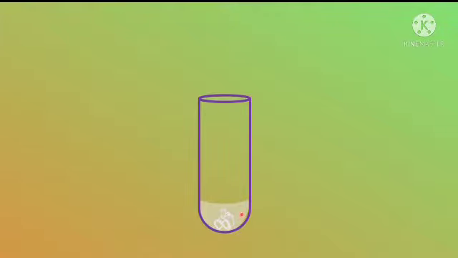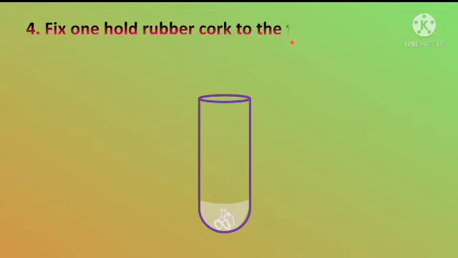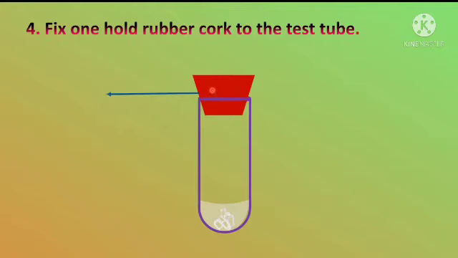Just now we added concentrated sulfuric acid to the test tube. Now we'll fix a one-hole rubber cork to the test tube.